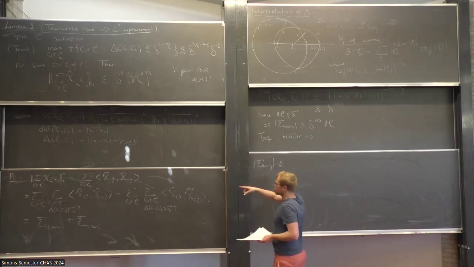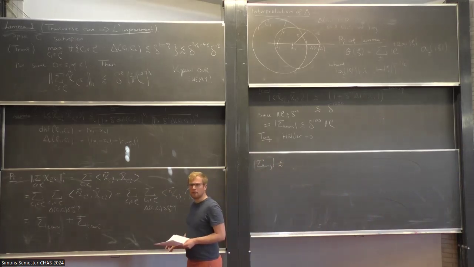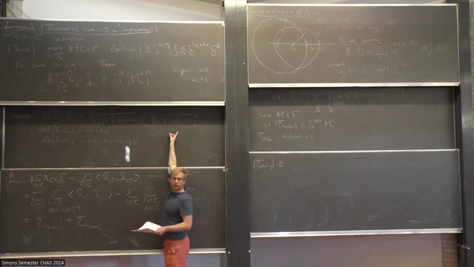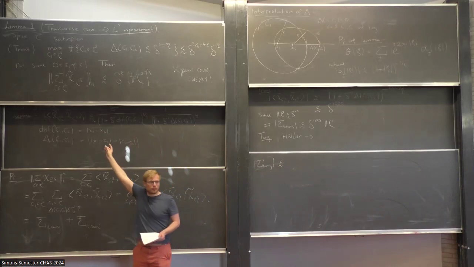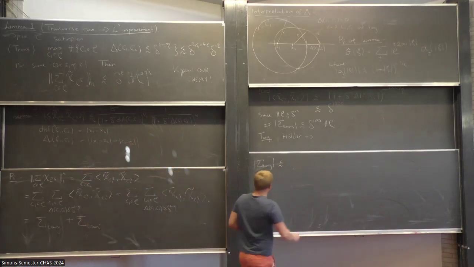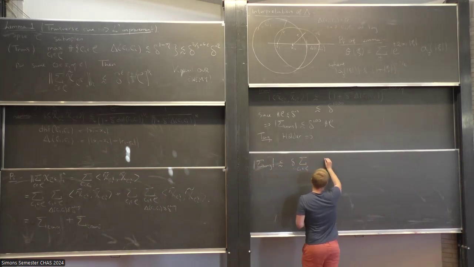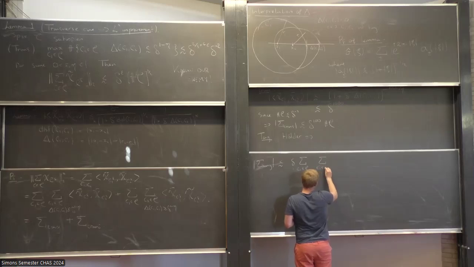I'm going to bound each term again using the lemma, but because now we're in the tangent case, it doesn't really make much sense to think about this factor, so I'm just going to consider the first two factors. Okay, so we'll pull out the delta. We'll have the sum over C1. Then we have the sum over C2, over all C2 forming a tangent pair.